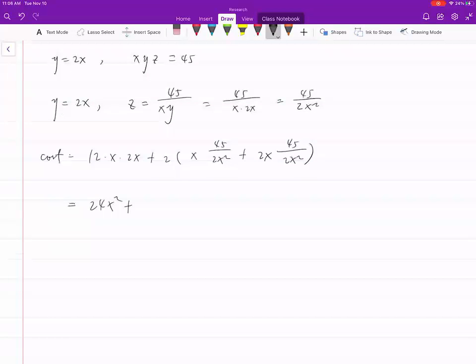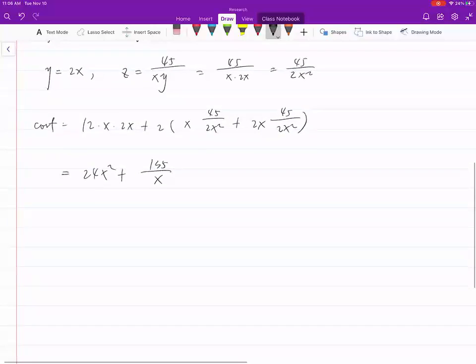All right, 2 times 3, 6. 6 times 45 divided by 2x, which is 135 over x after simplification. Let me just make sure. Yeah. Okay.